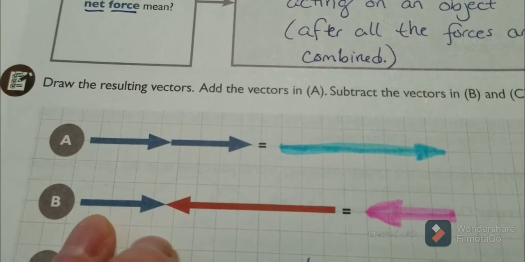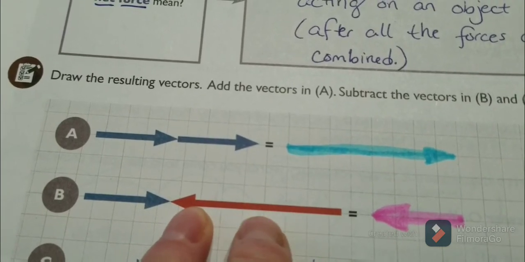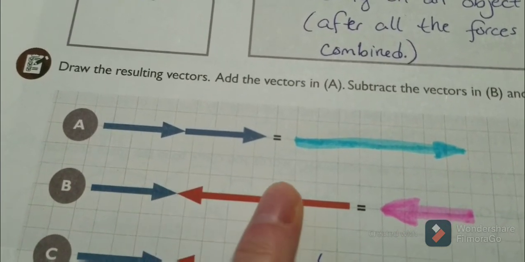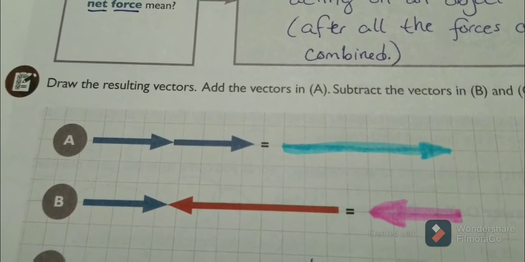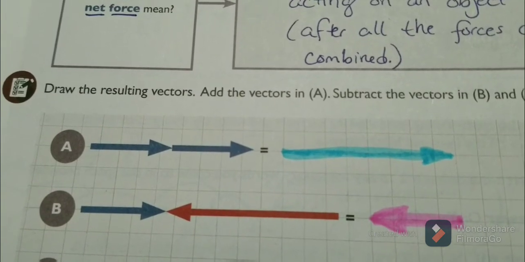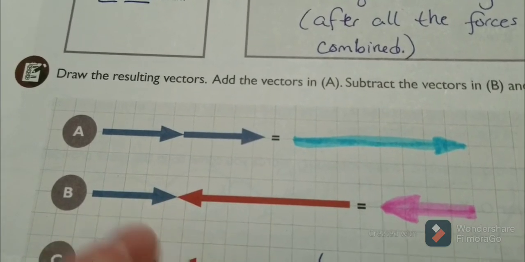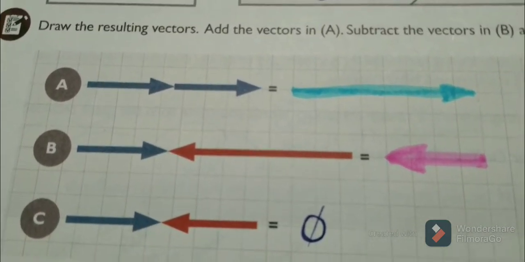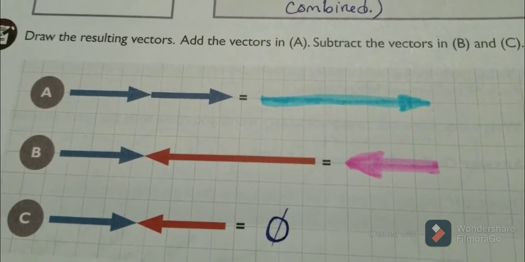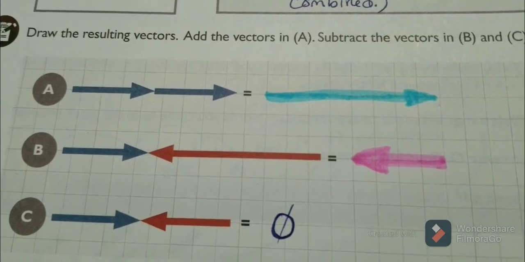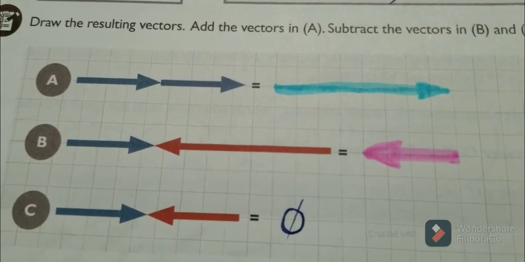If we have a positive force and a negative force that's stronger, we take away this much, and we still end up with a negative force going the other way because this is not as great. If they're equal, there is nothing left at the end. There's no movement, there's no vector change, and they are balanced.